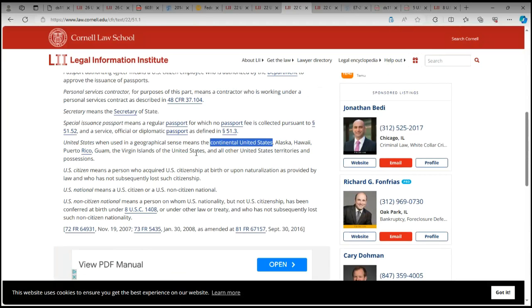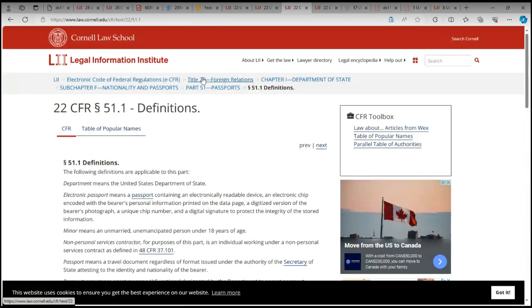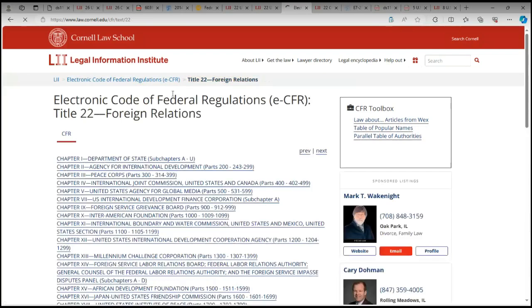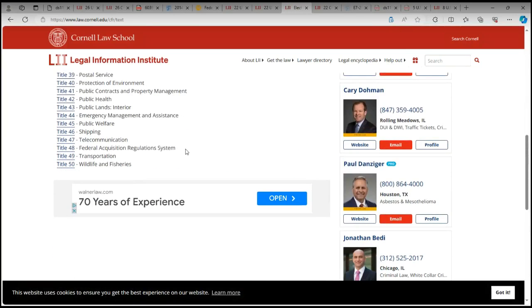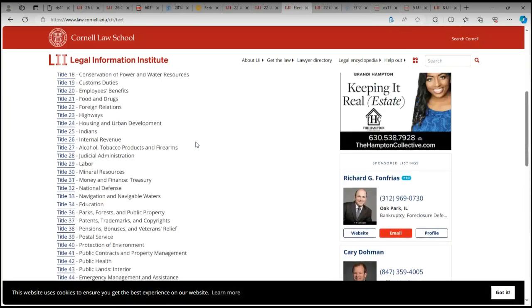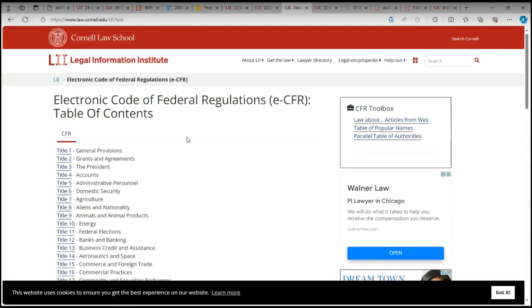That definition in that Omnibus Act changed the definition of United States for every single title in the United States Code. And I mean everyone. Every single one of these got changed under the Omnibus Act for the definition of the United States.